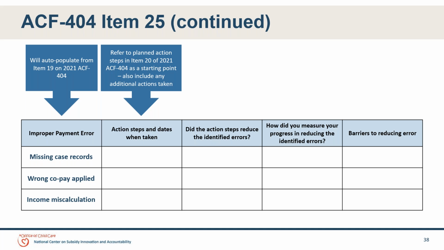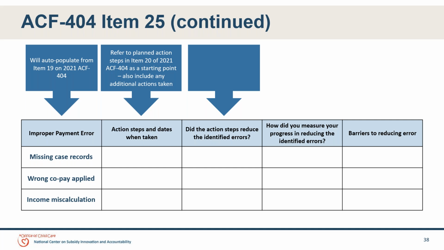So you might want to look at your report from 3 years ago, item 20, as a starting point. But if you have additional action steps that were taken that weren't included in the report from 3 years ago, you can include those here as well. So what action steps did you actually take, basically? Were they implemented fully, or was progress made toward full implementation?